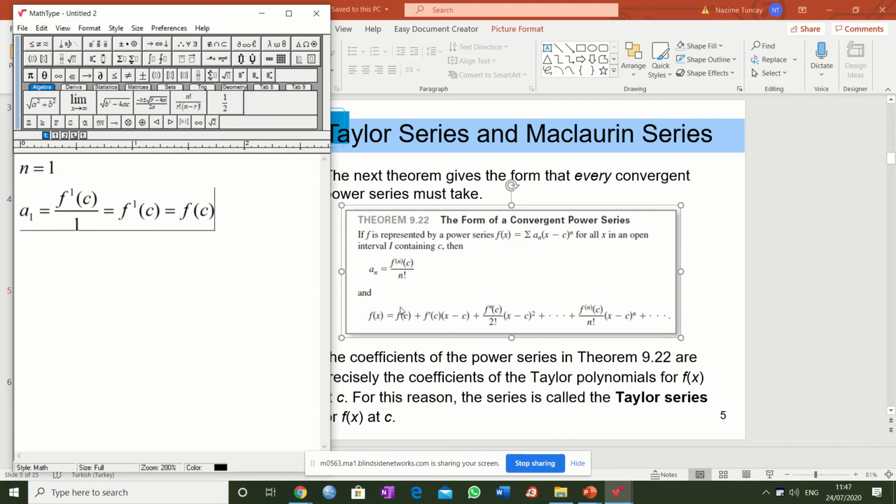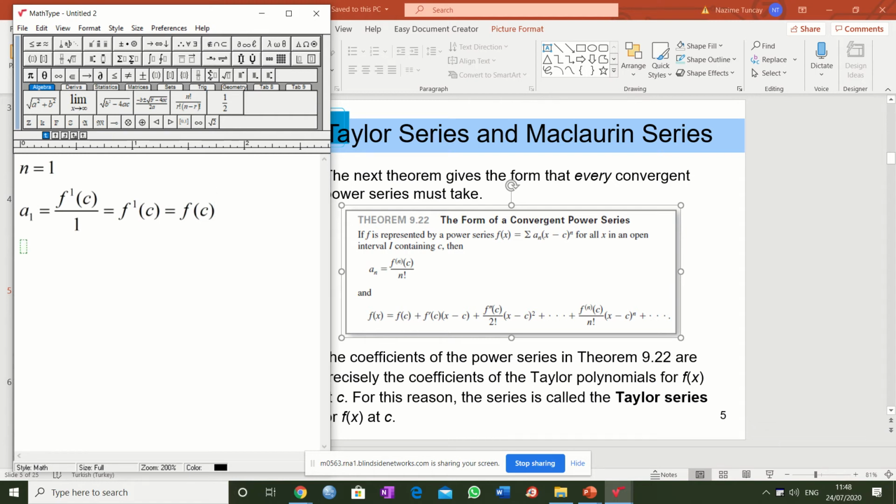This is the first term of this series. When we insert n equals 1, we find that the first term is the function f in terms of c.